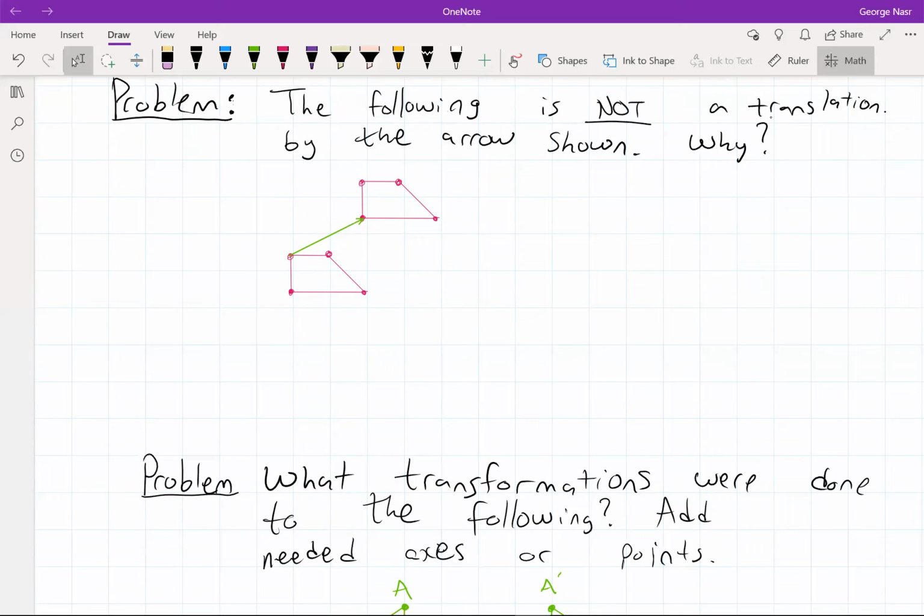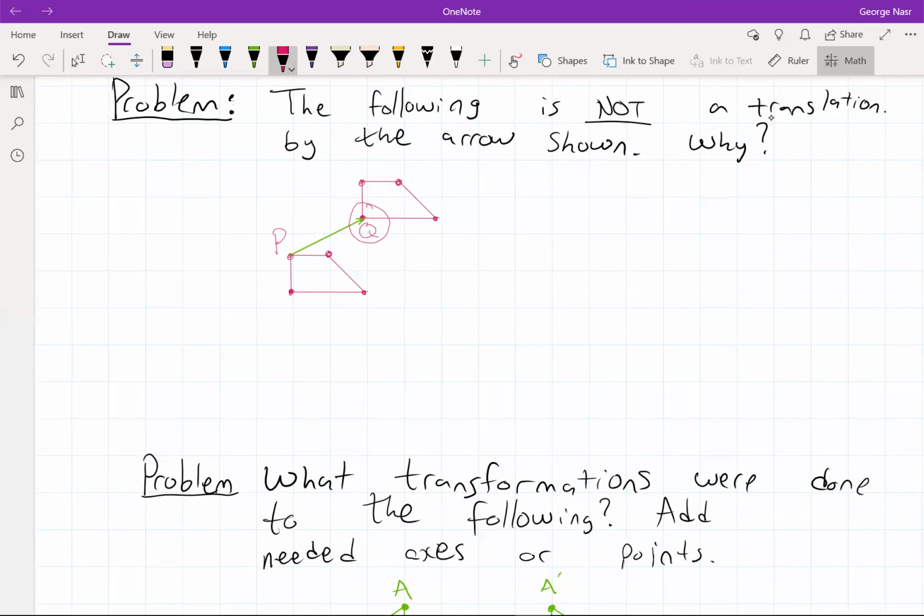The following is not a translation by the arrow shown. Why? I'm going to go ahead and label this point here. This is P. I'm going to call this Q. And the problem is that if you notice, this point here isn't the same point as this.